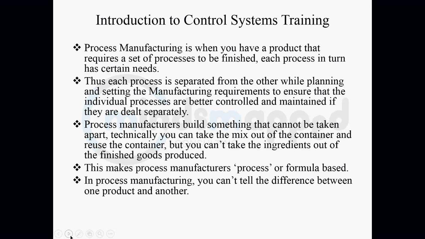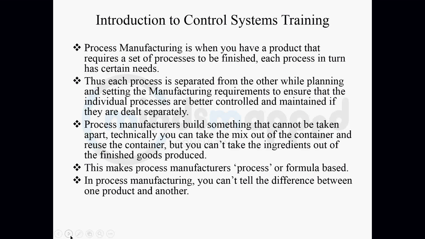Now we come to a few points on process manufacturing. Process manufacturing is when you have a product that requires a set of processes to be finished. Each process in turn has certain needs. So you have to follow a few steps, and at the end of each step, you obtain some product, which you then further subject to another process and keep on refining until you get your final finished product that you were trying to obtain.